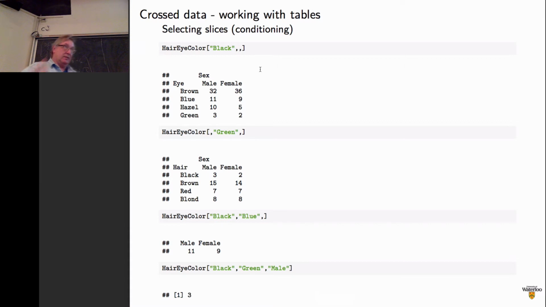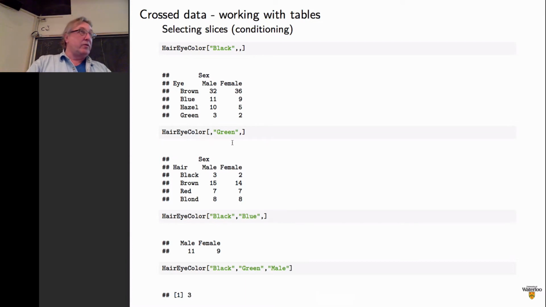And that's taking that three-dimensional array and taking one slice through that array. The slice that corresponds to those people having black hair. You can think of that as a geometric thing of slicing that, or think of that as just conditioning. This is the conditional distribution, the conditional count anyway of eye color versus sex, given that the people have black hair. Okay, so that's a way of thinking about that as a conditioning.